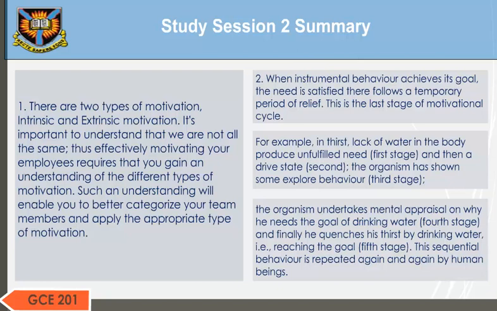The organism has shown some exploratory behavior, third stage. The organism undertakes mental appraisal of why he needs the goal of drinking water, fourth stage. And finally, he quenches his thirst by drinking water, that is, reaching the goal, fifth stage. This sequential behavior is repeated again and again by human beings.